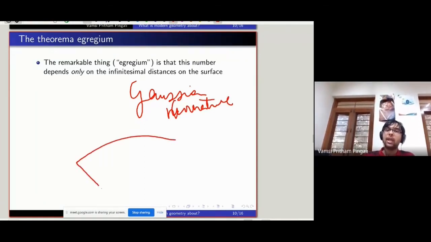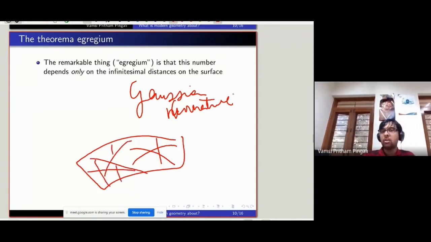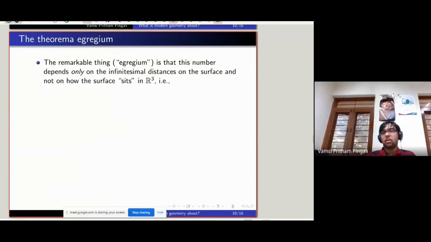That means if you're an ant, and you knew the distances of all sorts of curves on the surface, you can deduce the Gaussian curvature. You do not need to know what the surface looks like. You just need to know the distances on it. And not on how the surface sits.